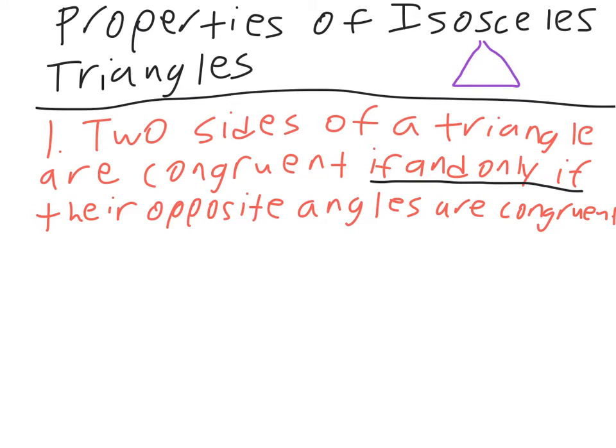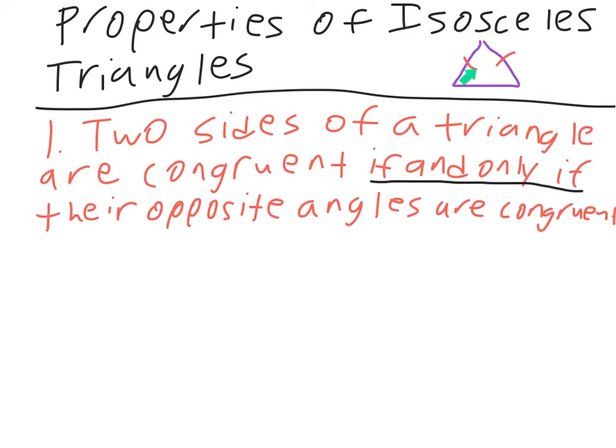So a quick drawing of that is if these two sides are congruent, remember these little dashes through the sides mark them as congruent, then that means the angles opposite them are congruent.